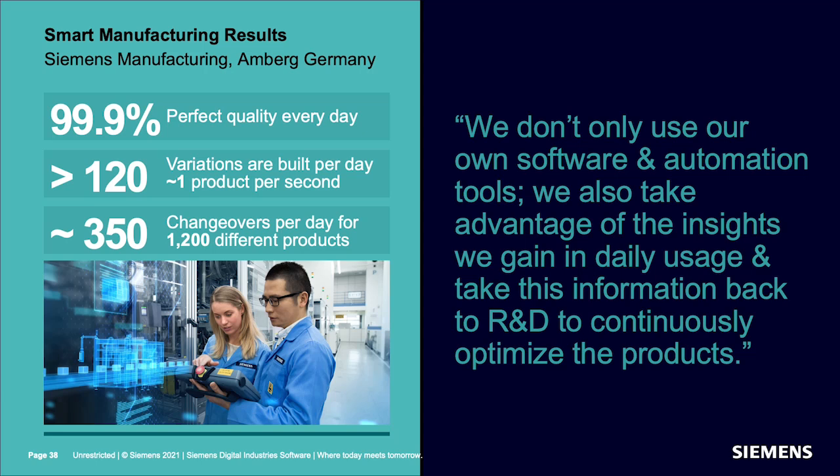Every year, the factory manufactures around 16 million SIMATIC products with a quality standard of 99.9999%. Over 120 variations are built per day, with one product dispatched every second, and some 350 changeovers are taking place for 1,200 different products.